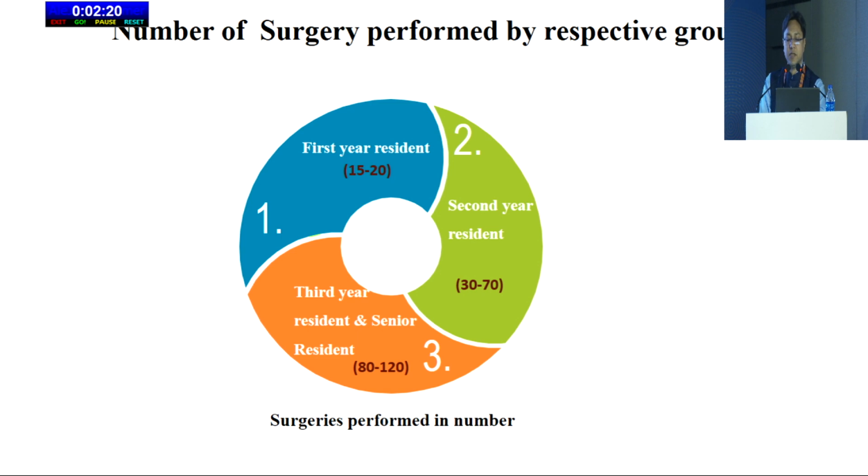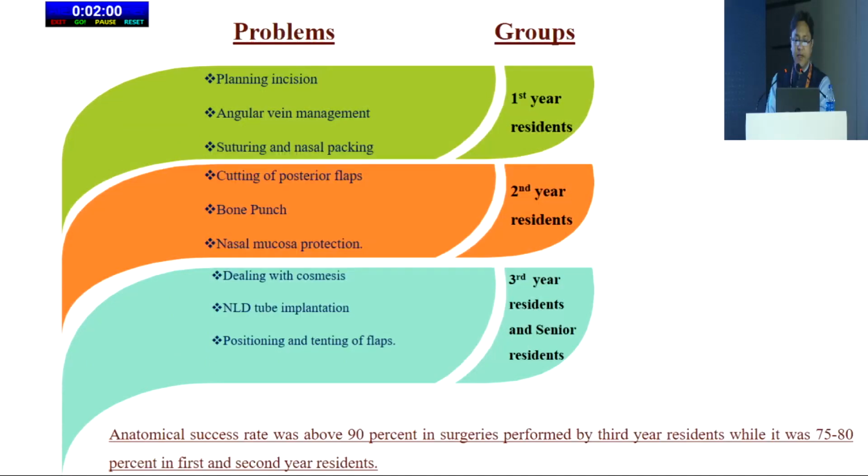We have given almost 15 to 20 surgeries in the first year, then 30 to 70 in the second year, and 80 to 120 surgeries in the third year, so that we know how many surgeries they perform to reduce the rate.